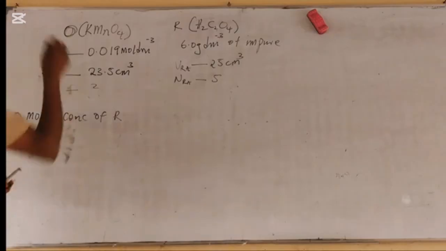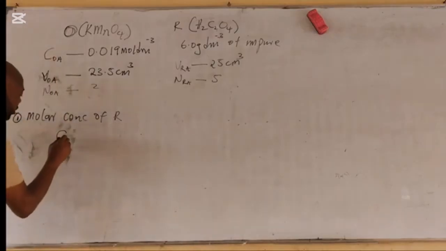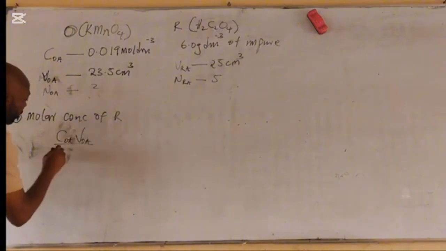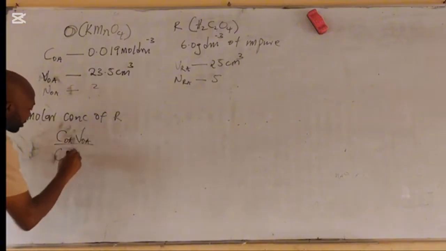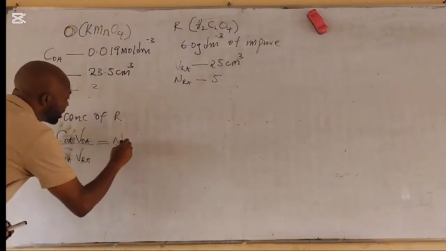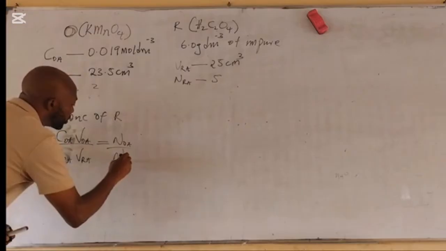So we have the concentration of the oxidizing agent times the volume of oxidizing agent over concentration of reducing agent times the volume of reducing agent, is equal to the number of moles of oxidizing agent over the number of moles of the reducing agent.